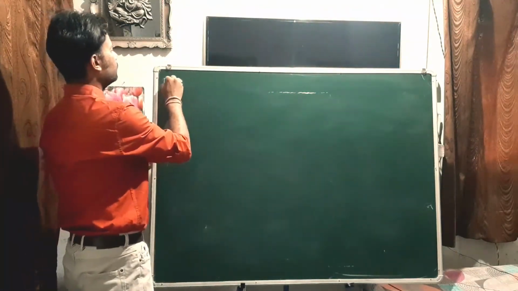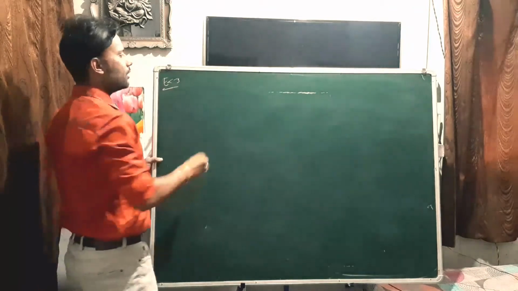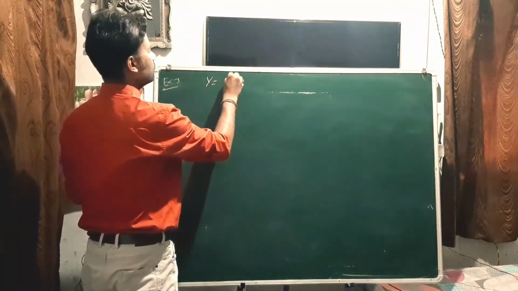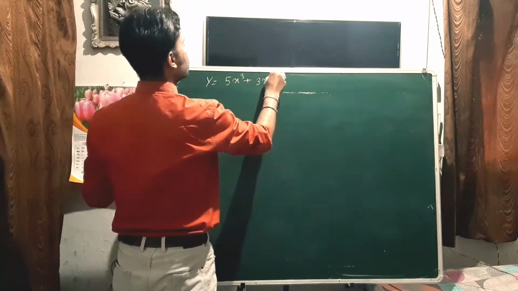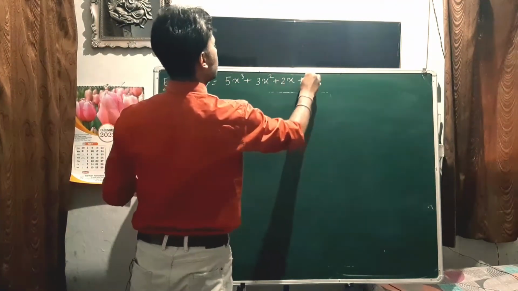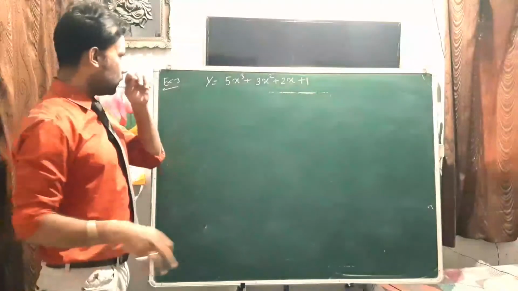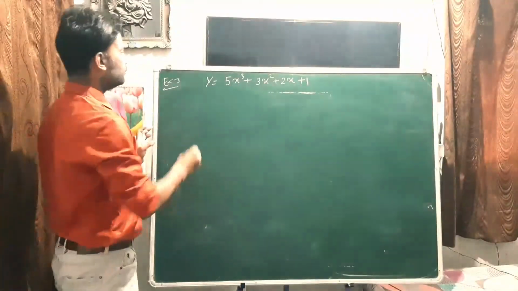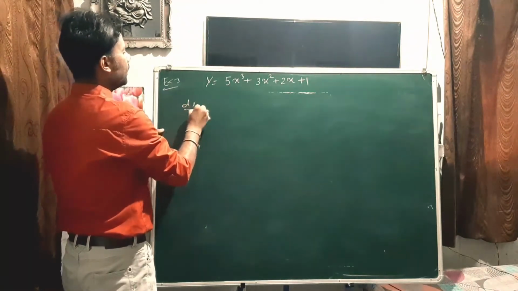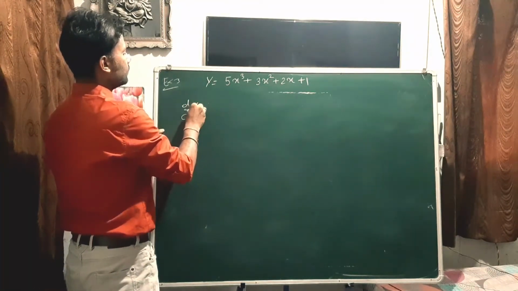Example number 3. Let's say y equals 5x cube plus 3x square plus 2x plus 1. Let this be the equation. Okay. The method is the same. We have to find the value of dy by dx.